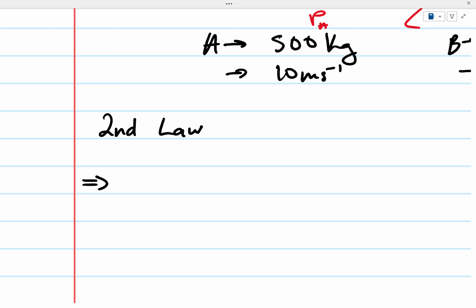What's Newton's second law? Yeah, but we're going to get there. So in words, what is Newton's second law?